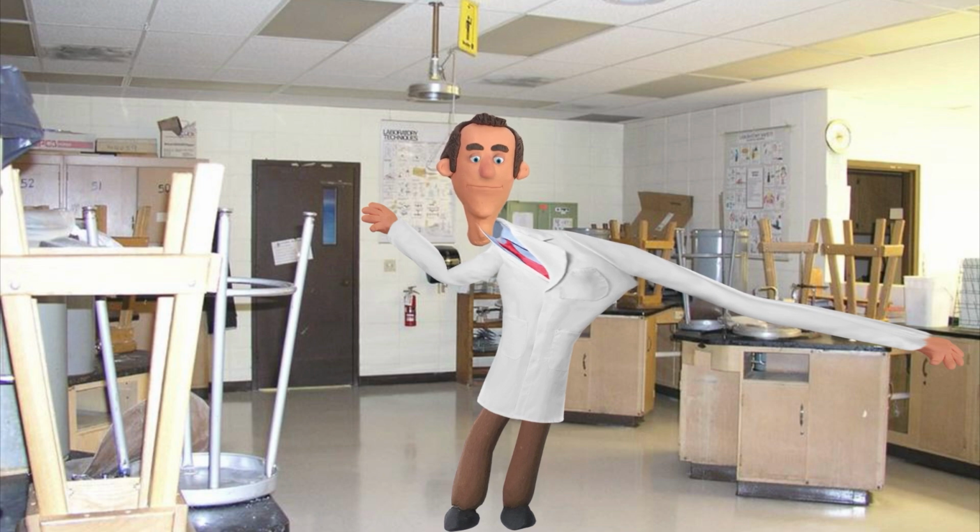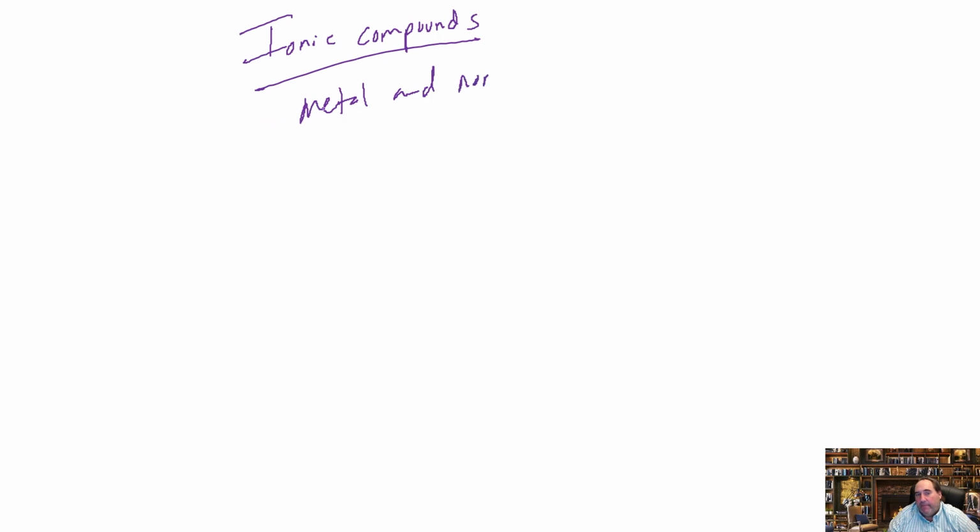Okay, welcome back here to part two of chapter six in our nomenclature. So, picking up where we left off last time, we talked about ionic compounds. And remember, ionic compounds pretty much are going to have a metal and a non-metal.